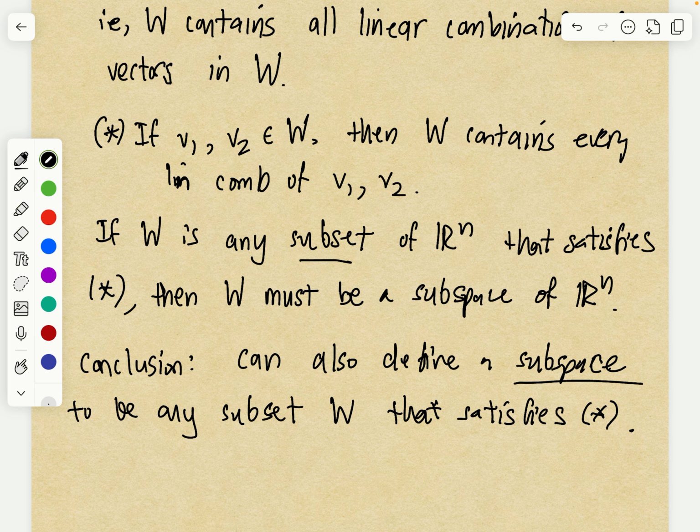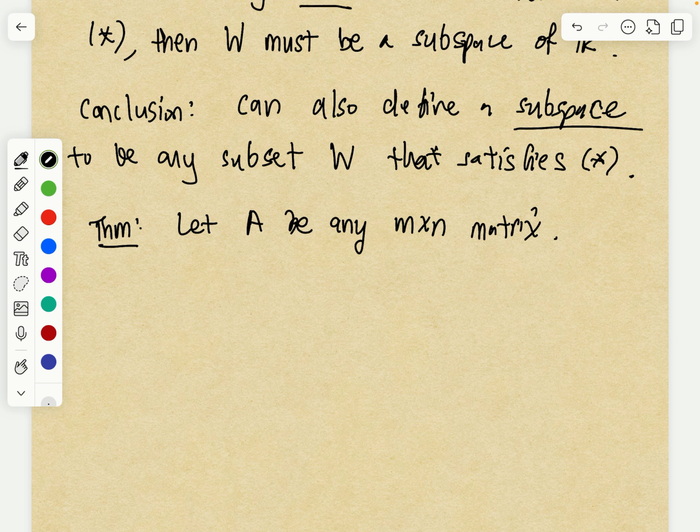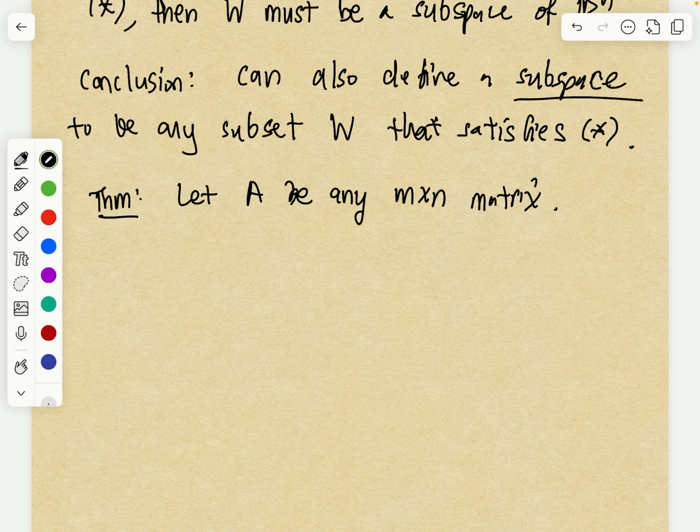And so we can use that to come up with another example of a subspace. So this is an important example. Let's say that A is any matrix. Before, we haven't talked about matrices and subspaces. Now we're taking a matrix and looking at the subspaces associated with the matrix.